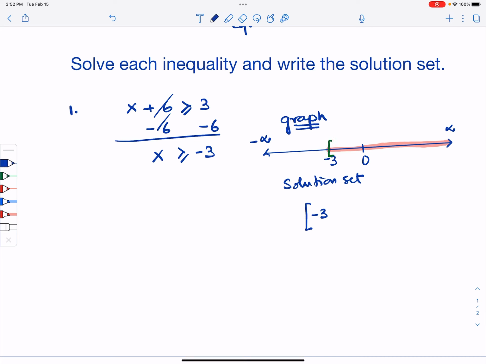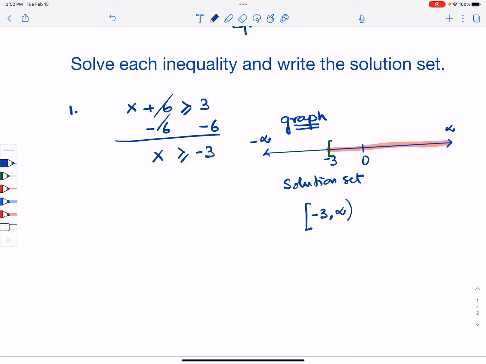Then you put a comma, and then you put the infinity. So what you're doing is you're starting off with the range. The -3 is the least possible value of x, and infinity is the greatest possible value of x. And then you close it with a regular parenthesis. Okay, so that's the solution set.